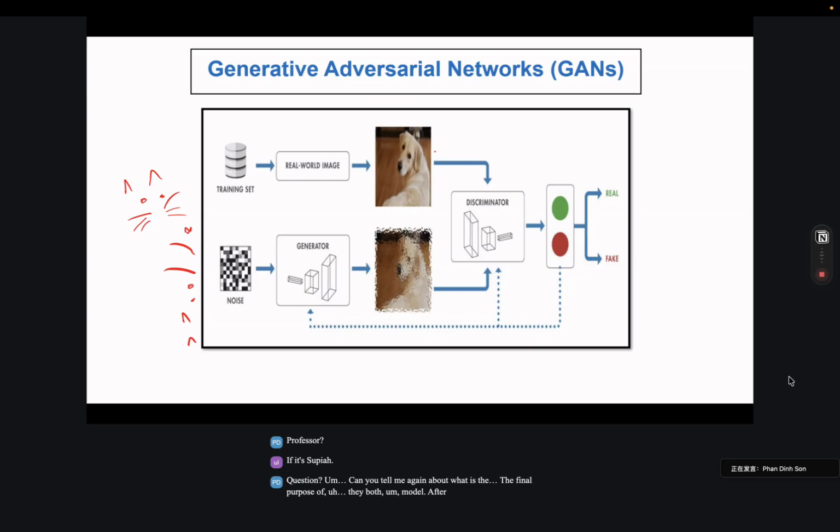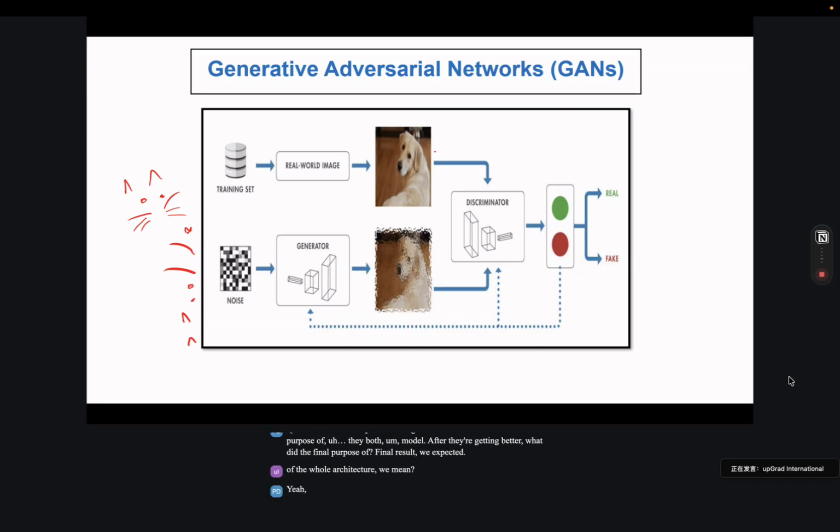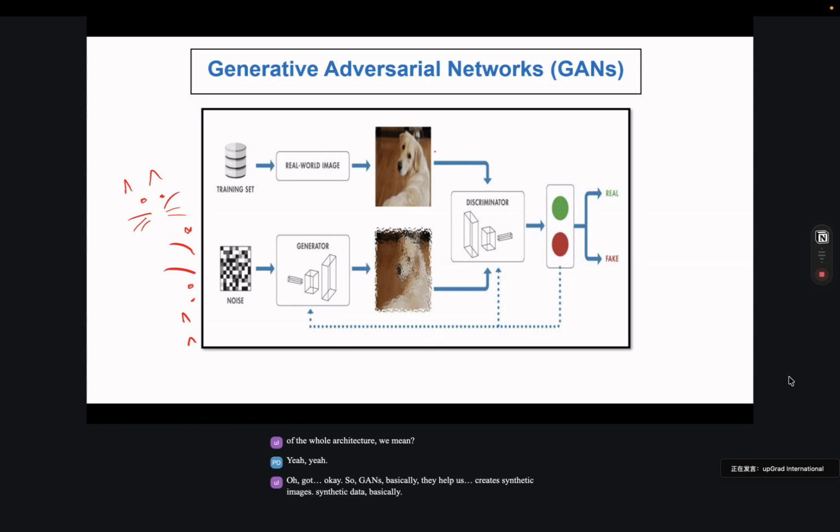After they get better, what is the final result we expect? Of the whole architecture, you mean? Yeah. Okay. So GANs basically help us create synthetic images, synthetic data.